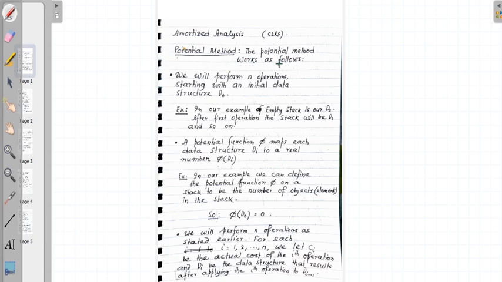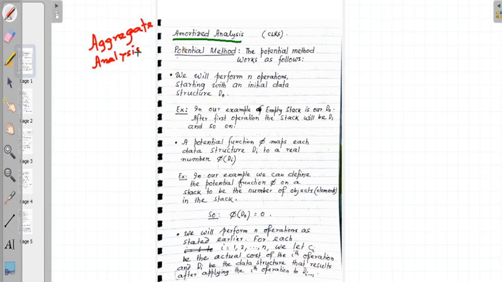Okay, we were discussing amortized analysis. We took it in the last class, and we have seen aggregate analysis, one concrete example of it.